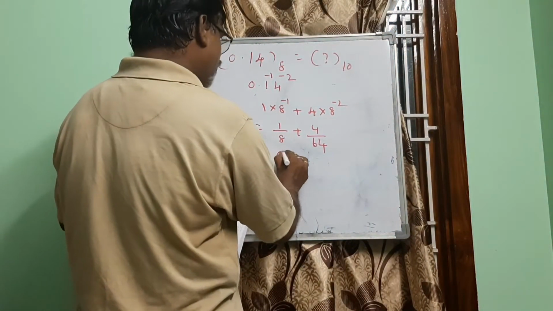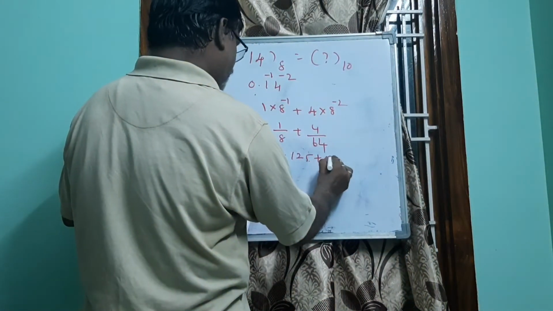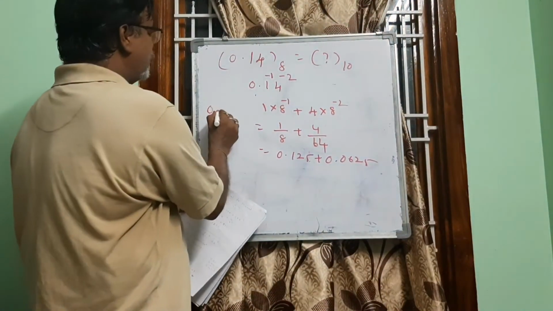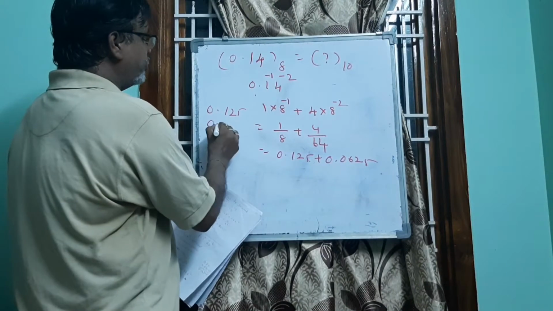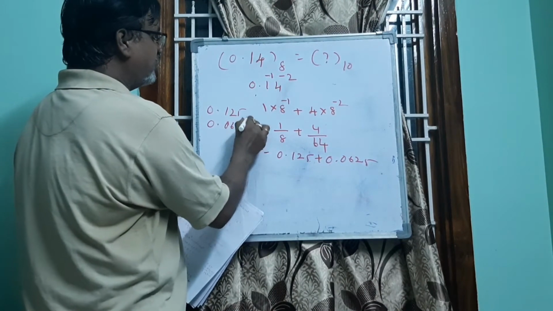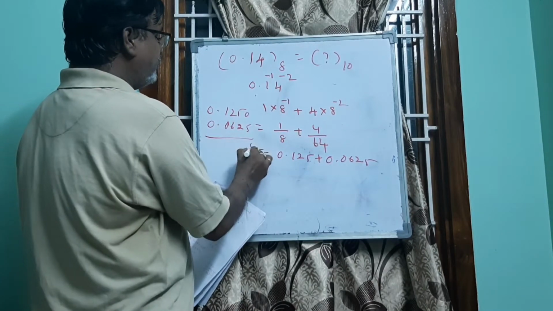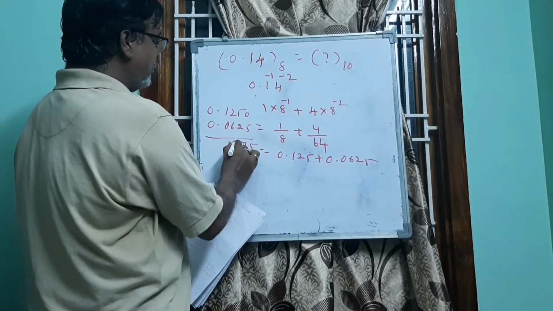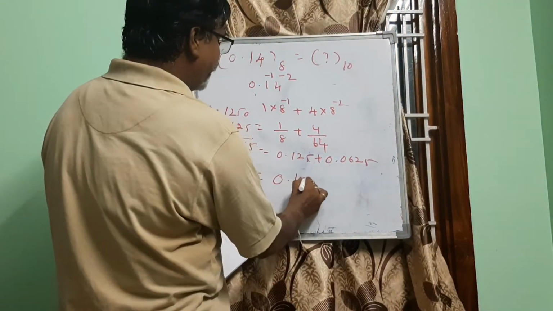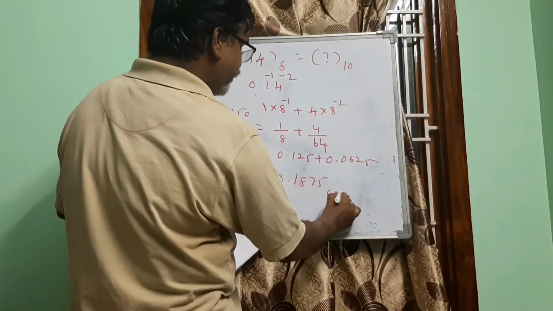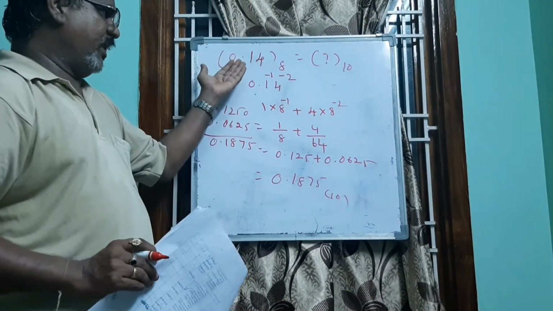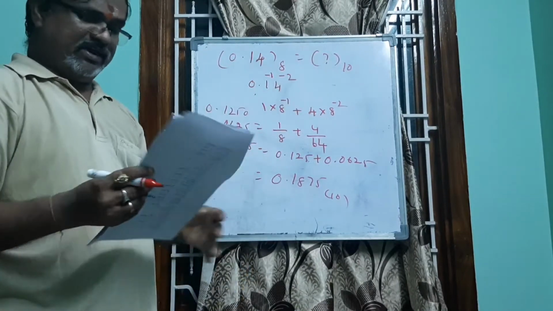This is 0.125 plus 0.0625. So adding 0.125 and 0.0625, we get 5, 7, 8, 1, 0. So this is equal to 0.1875 base 10. So this is one more example for converting an octal fractional number to a decimal value.